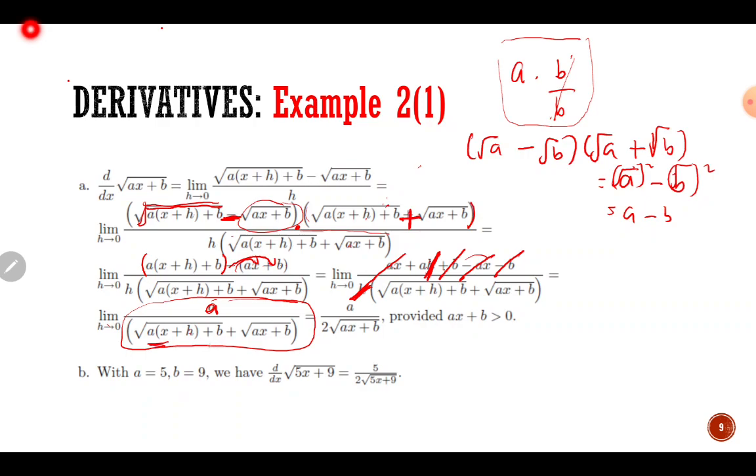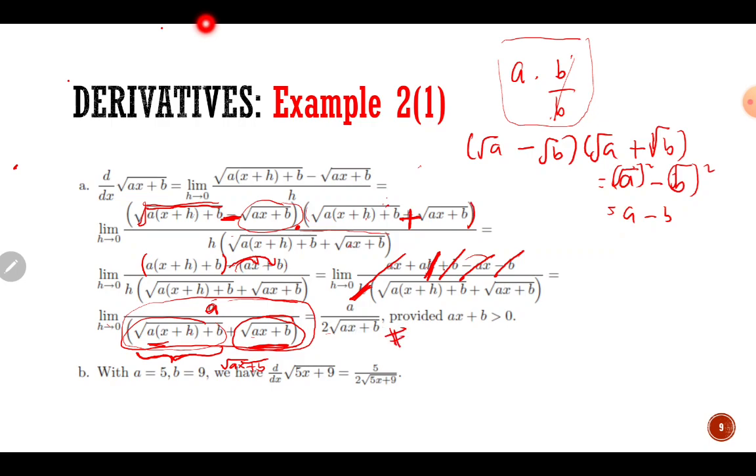Okay, AX tambah B. And then, ni pun kita ada AX tambah B. So, ni 1 square root AX tambah B, tambah dengan 1 lagi square root AX tambah B. So, you get 2 times square root of AX tambah B. So, dari sini kita dapat, the solution is A over 2 square root AX tambah B.